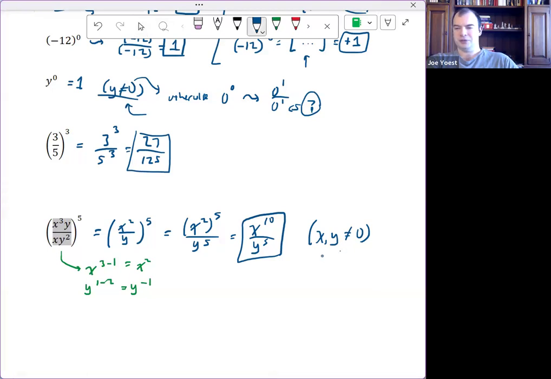And here, actually, neither x nor y can be 0 because remember, in the original statement, x and y were both in the denominator. So even though I don't explicitly see an x in the denominator in my answer, x is still not allowed to be 0. If we think about what if I let x be 0 and let's say y be 1, well, over here I'd have 0 over 1, which is 0.